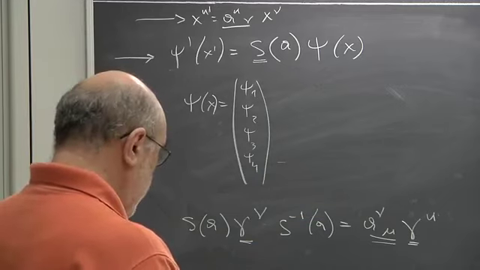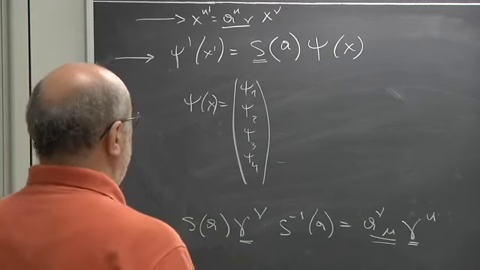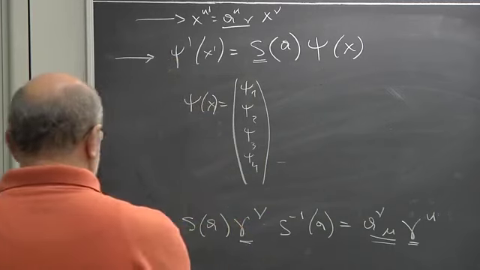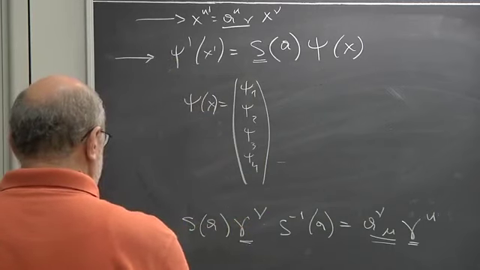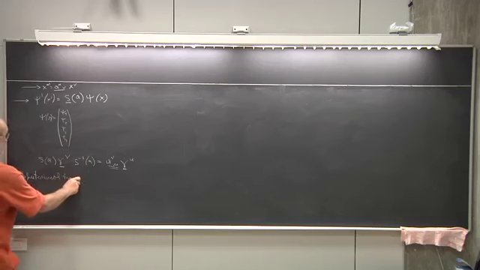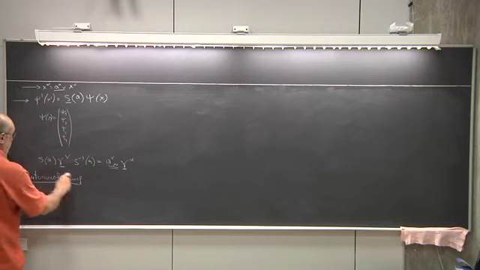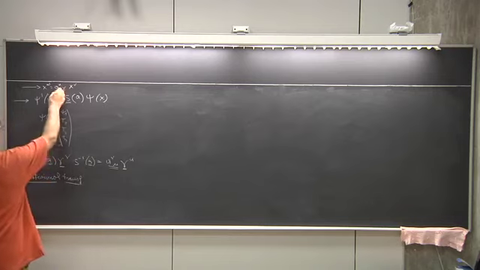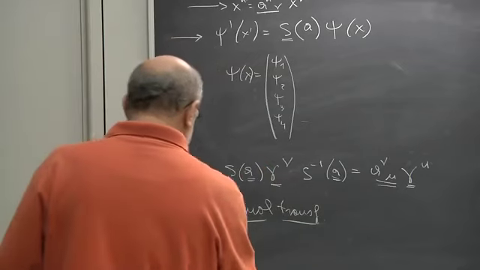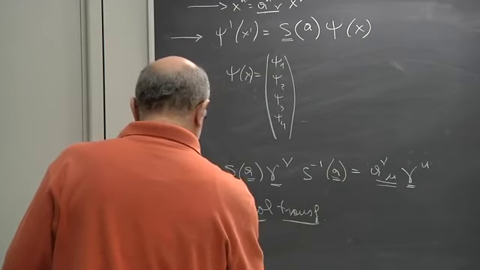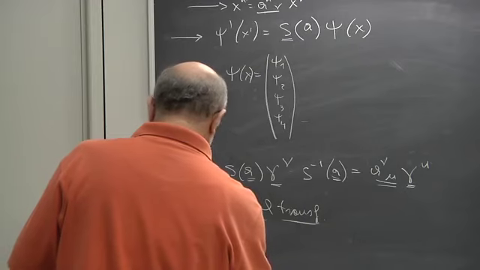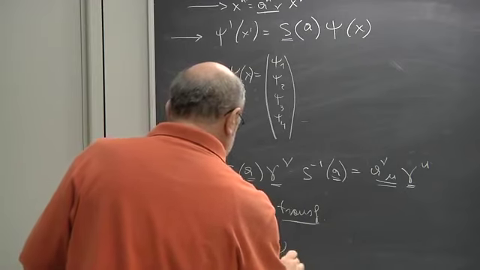Okay, well, the first thing that we do is the following. We try to solve for an infinitesimal transformation. So first, infinitesimal transformation. And the infinitesimal transformation has to be this A, okay? And so let's write A nu mu as delta nu mu plus delta omega mu nu.